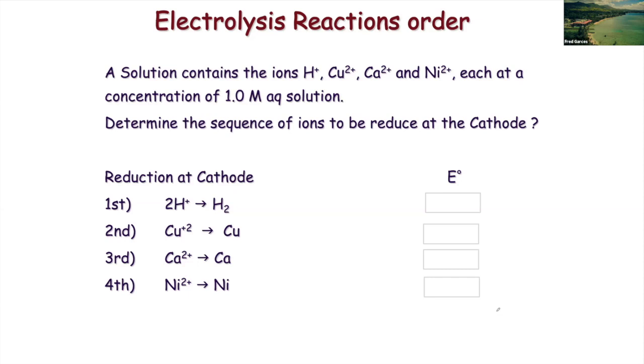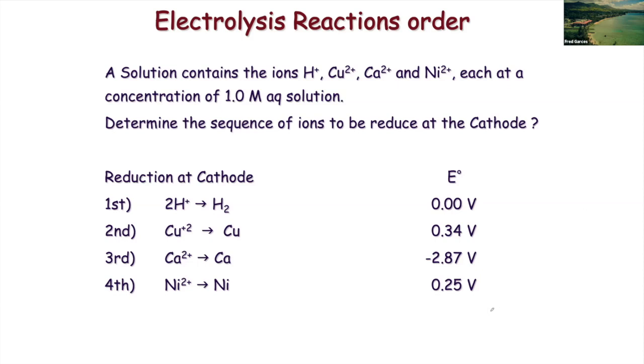What you need to do is look up the electrochemical potential for these and then figure out, based on the electrochemical potential, which one is going to be the most spontaneous, followed by the one that requires less energy to drive.